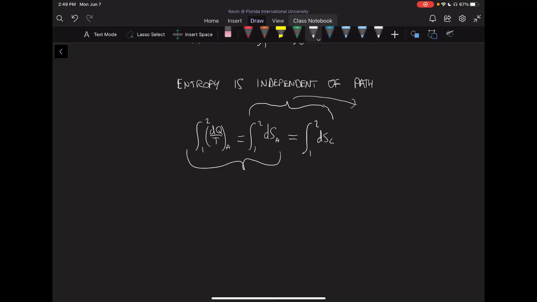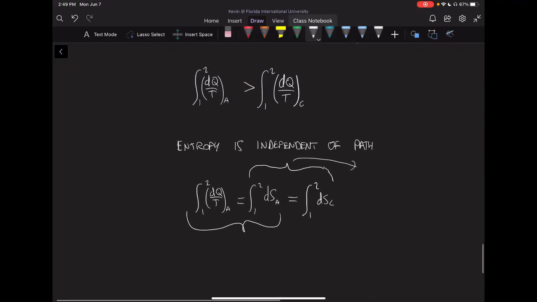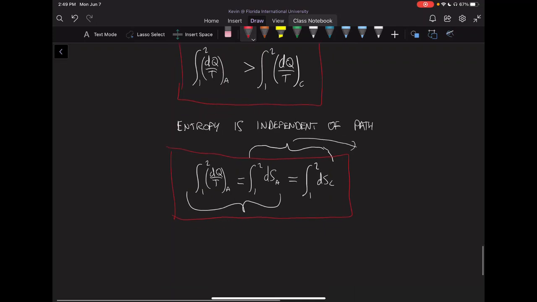Well, that means that, therefore, if we look at our two equations here, this first one and the second one, there's something weird here. There's something that's not working out.